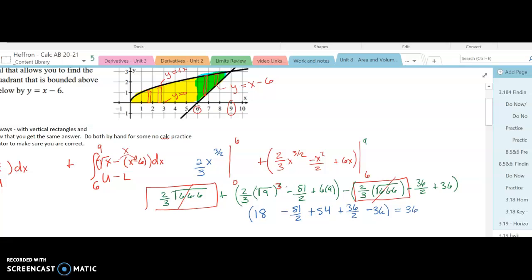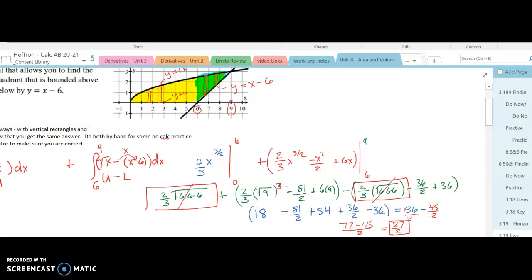And negative 81 over 2 and positive 36 over 2 is negative 45 over 2. So if we get a common denominator of 2, we're going to have 72 minus 45 all over 2. That's 27 over 2. That is our area finding with two sets of vertical rectangles.